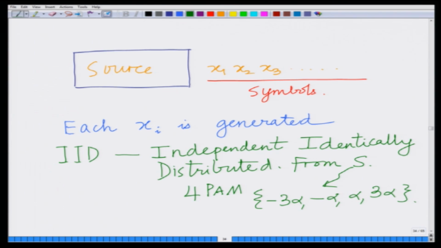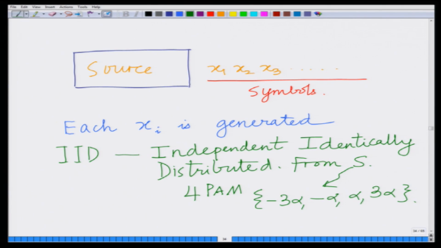We are saying each of these symbols xi is independent, and not only that, they are identically distributed, that is, each is generated independently and has the identical distribution as the other, in the sense that they belong to the 4 PAM constellation, the set S with the symbols -3 alpha, -alpha, alpha and 3 alpha, and they have the same probability distribution. So, these symbols are generated independent and identically from the 4 PAM constellation.